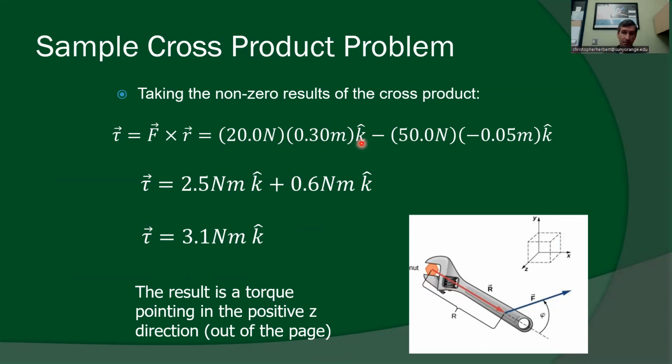We knew this was going to happen because we're rotating in the XY plane, and torque had to be perpendicular to that. But 20 times 0.3 is going to give me, actually I got this wrong, 6 newton meters, and then we subtract off of that 50 times 0.05, and that's going to give me 2.5.